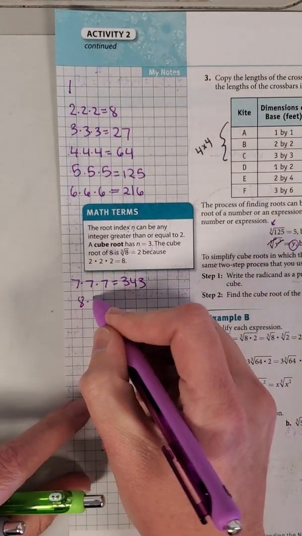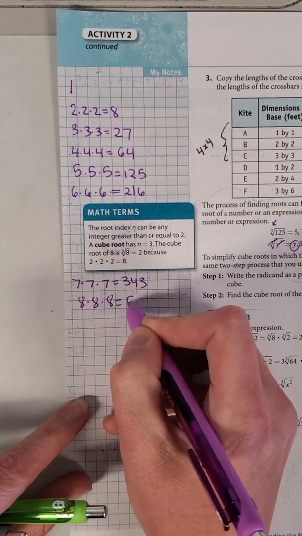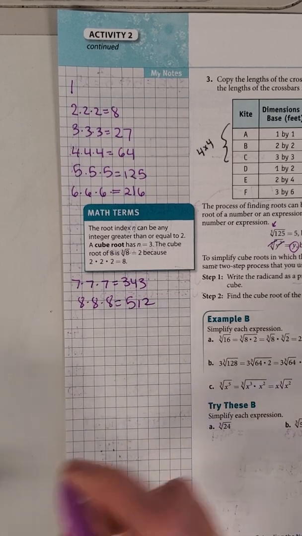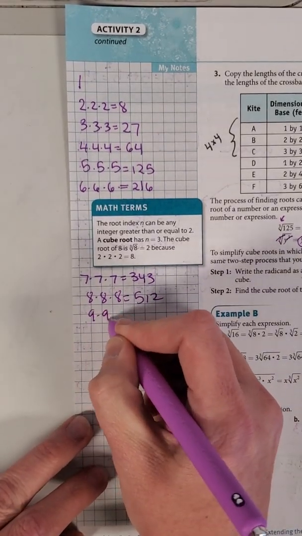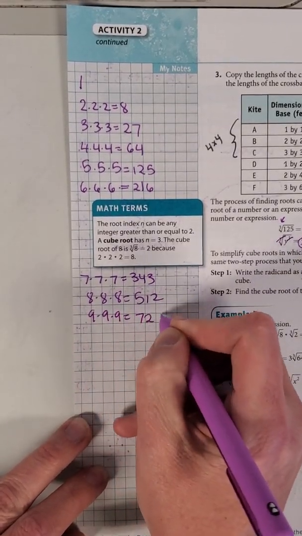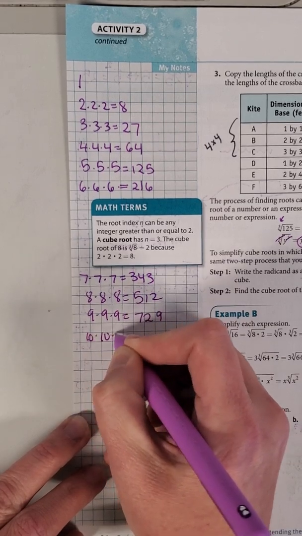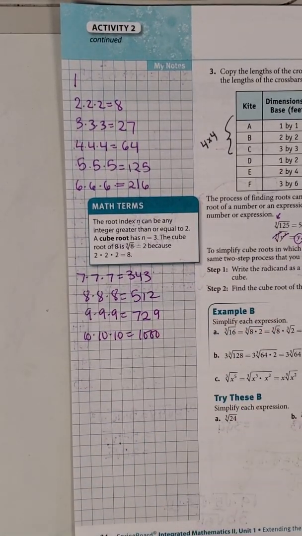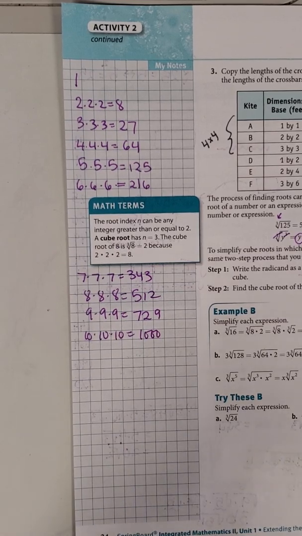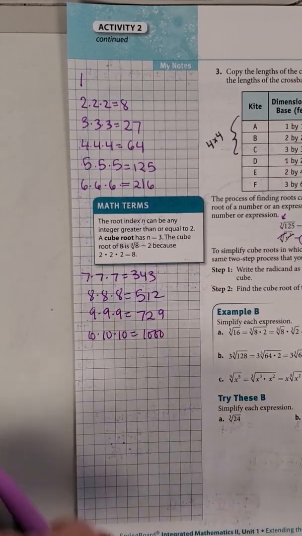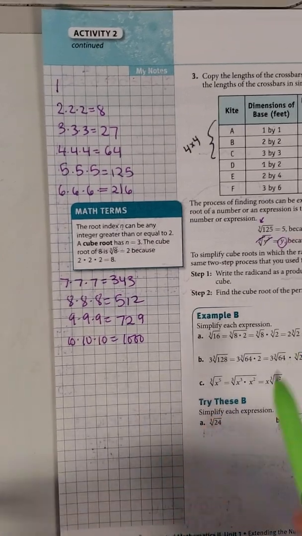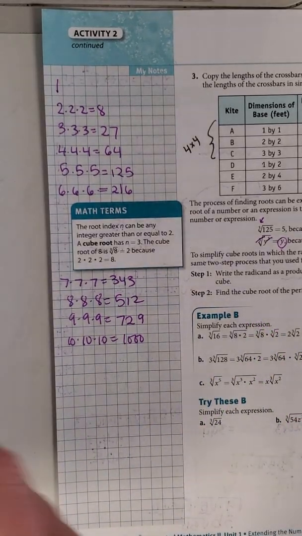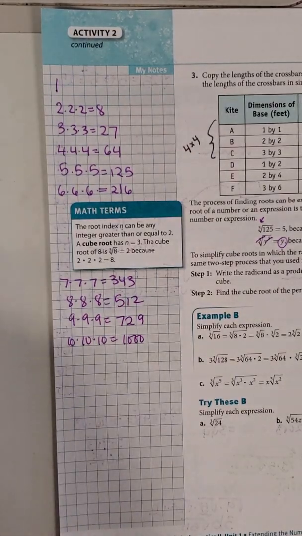So 8 cubed is 512. 9 cubed, again on my calculator, is 729, and 10 cubed is 1000. All right, so these perfect cubes, we're going to need to be able to recognize. So we're going to simplify these perfect cubes in the same way that we simplified our perfect squares.